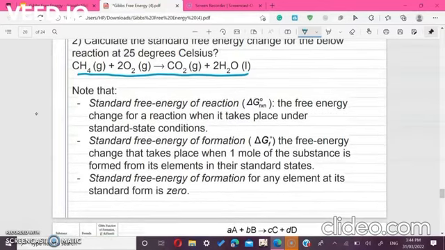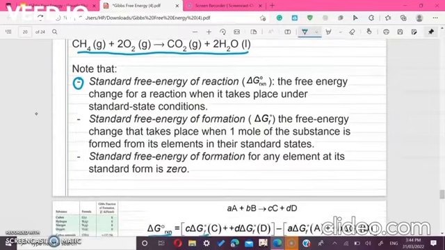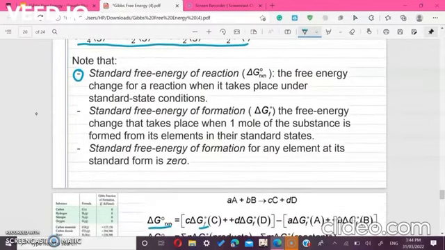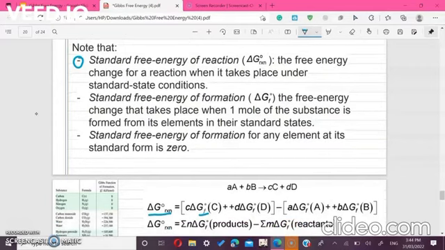Delta G reaction standard is here. It is the standard free energy of reaction, which is the free energy change for a reaction when it takes place under standard state conditions. What about delta G formation? Delta G formation is the standard free energy of formation. It is the free energy change that takes place when 1 mole of the substance is formed from its elements in their standard state.